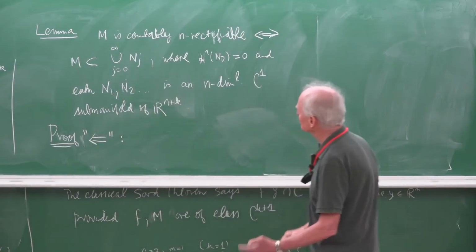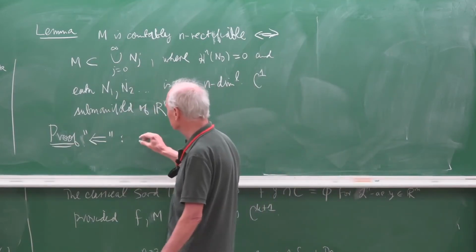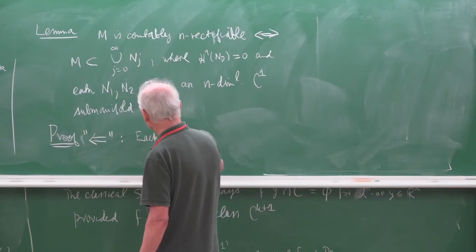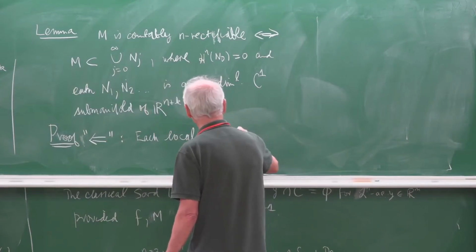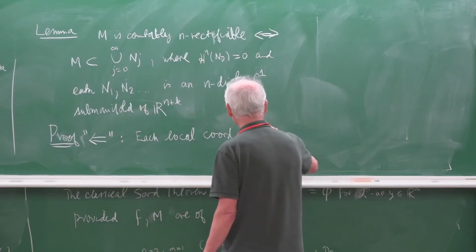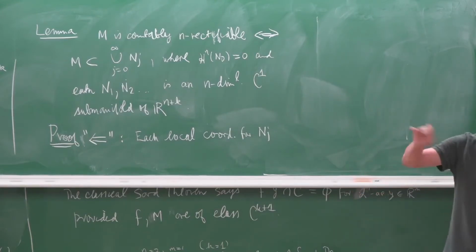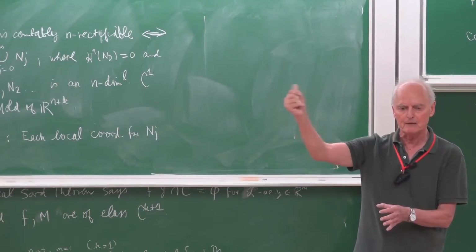Proof in that direction is sort of trivial, because you can use local coordinate representations for Nj. Each local coordinate representation for Nj is a C1 map, right? From an open set in Euclidean space into an open subset of the manifold.